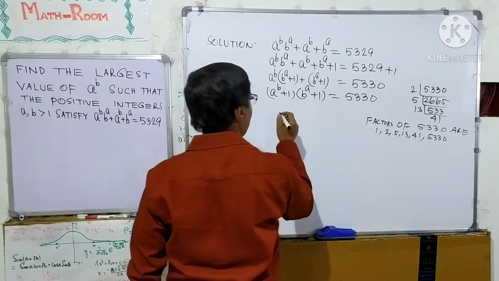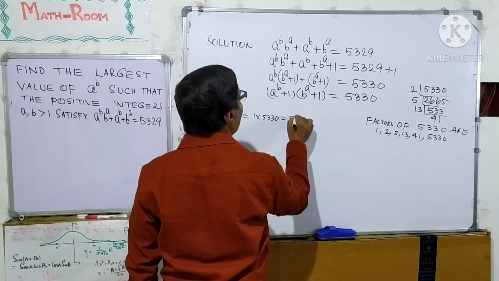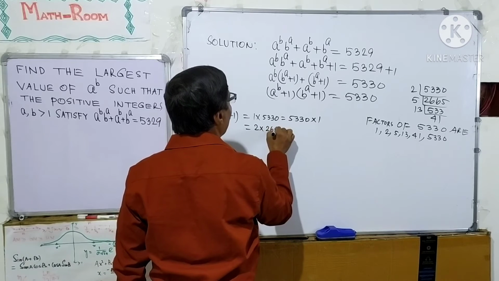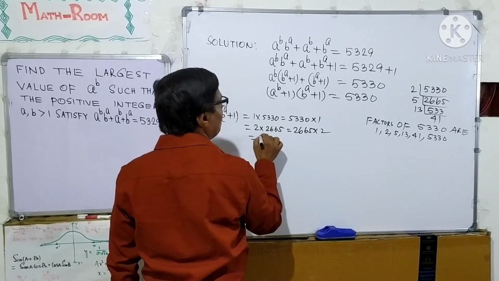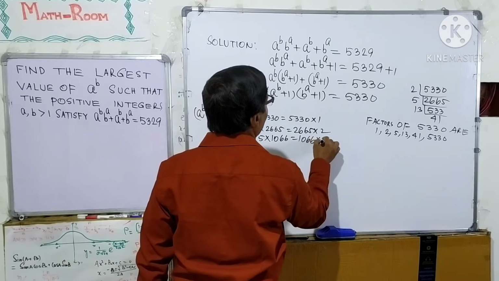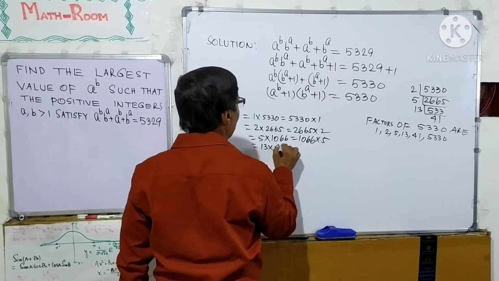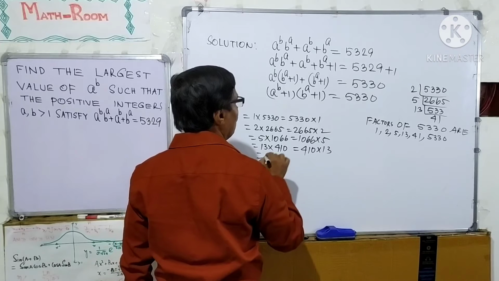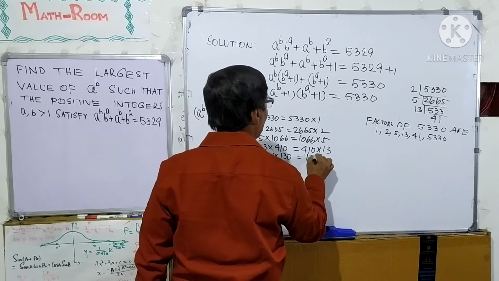So these are 1 into 5330, 2 into 2665, 5 into 1066, 13 into 410, 41 into 130.